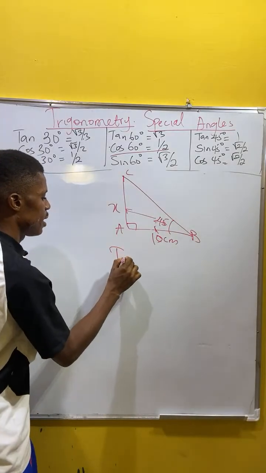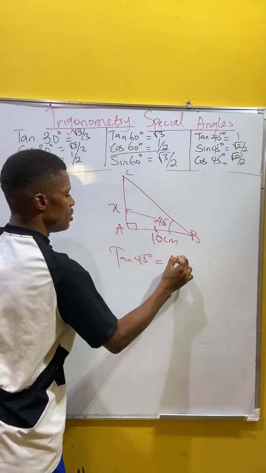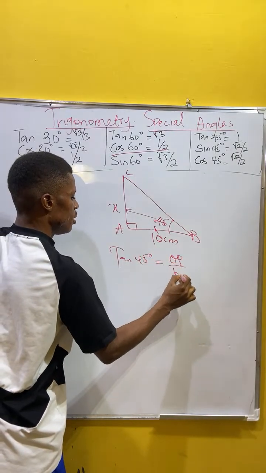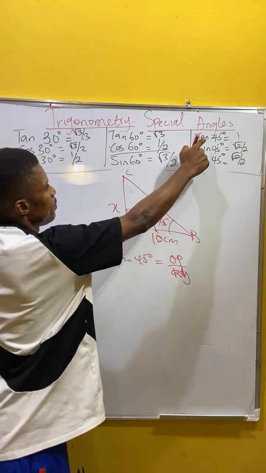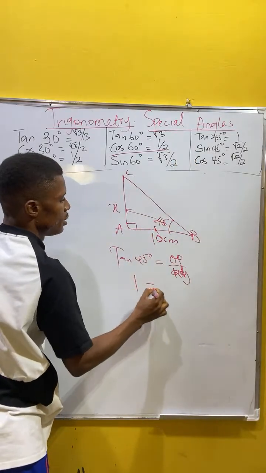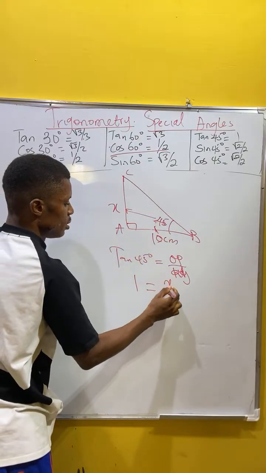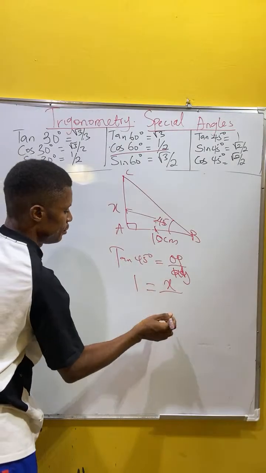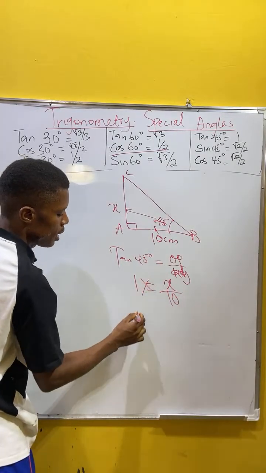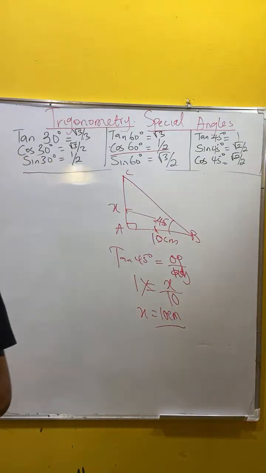We have tan 45 degrees is equal to opposite over adjacent. Tan 45 is 1, and it equals the opposite, x, over the adjacent, 10. If you cross multiply, x is equal to 10 centimeters. So the missing side for this particular triangle is 10 cm.